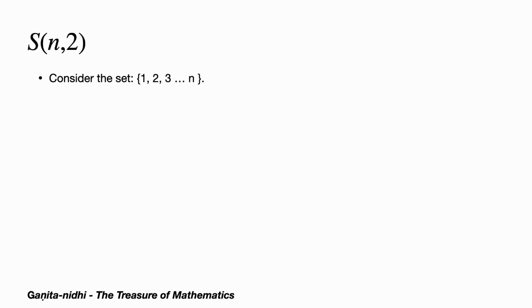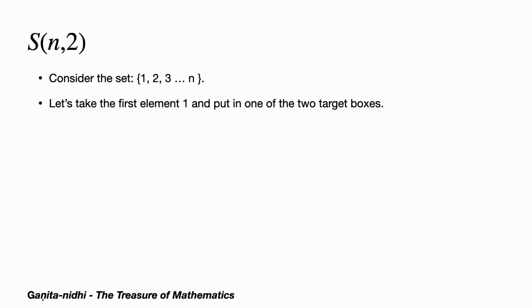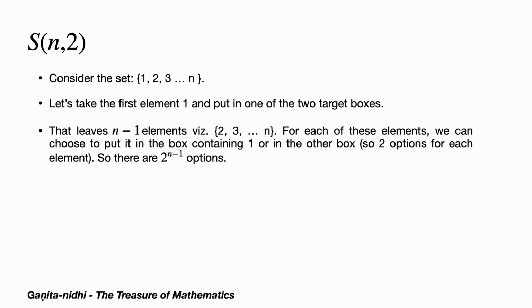Now let's calculate n subset 2. Let's consider the set 1, 2, 3, so on till n, and we take its first element, that is 1, and put it in one of the two target boxes. That leaves n minus 1 elements, namely 2, 3, so on till n. For each of these elements, we can choose to put it in the box containing 1 or in the other box.